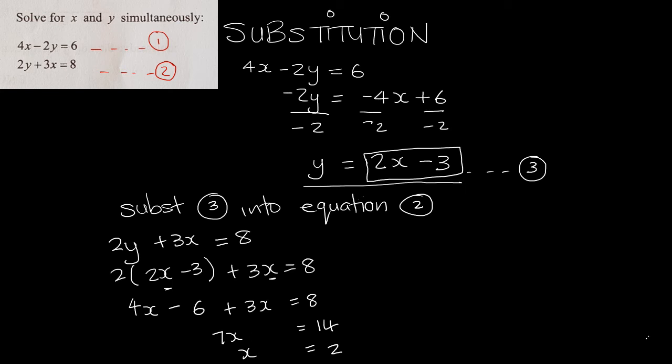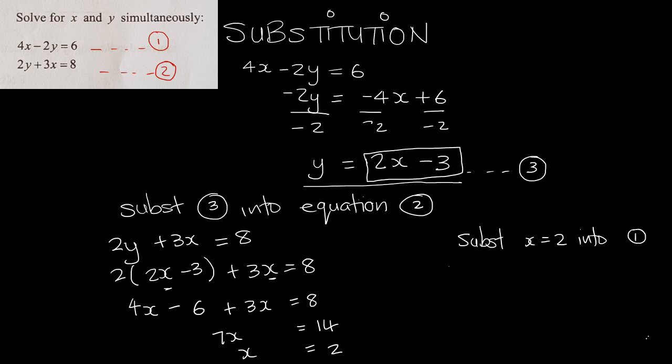Now that I know my value for x, I will substitute. I say substitute x is equal to 2 into equation 1. Either of the equations, you still get the same answer.